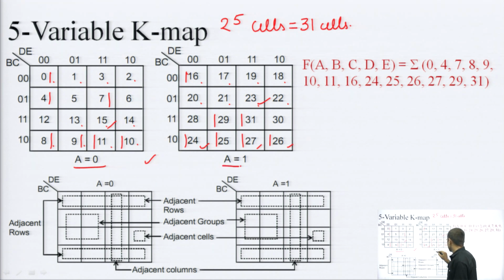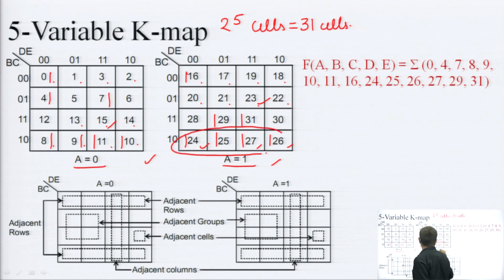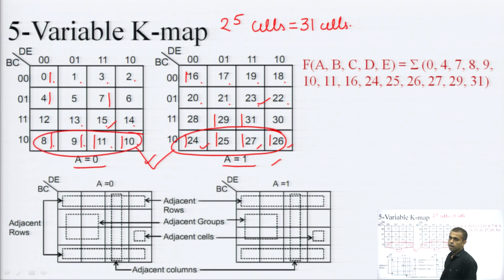Similarly, a group which is only available in the second K map will be appended with A. I can check that this 4-cell group is formed in both the K maps. So there will be neither A nor A bar. It will be simply 1 0 1 0. So 1 0 corresponds to B C bar. So the answer is B C bar.